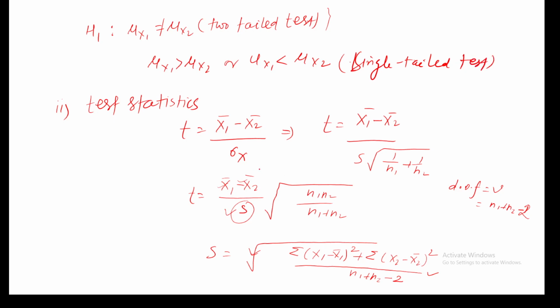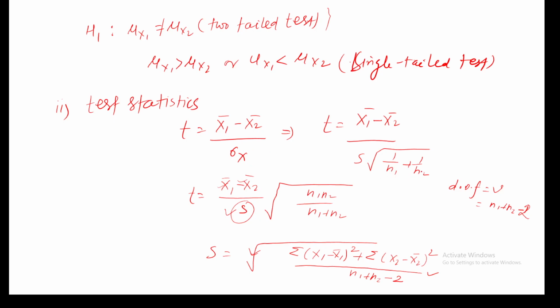So for that we have the formula for the test statistic. Again, this formula will be the same: x bar minus mu by sigma x bar. Here the formula will change for the sigma x value. So sigma x will be s by root n, or s times root of 1 by n1 plus 1 by n2, because we have two samples here.